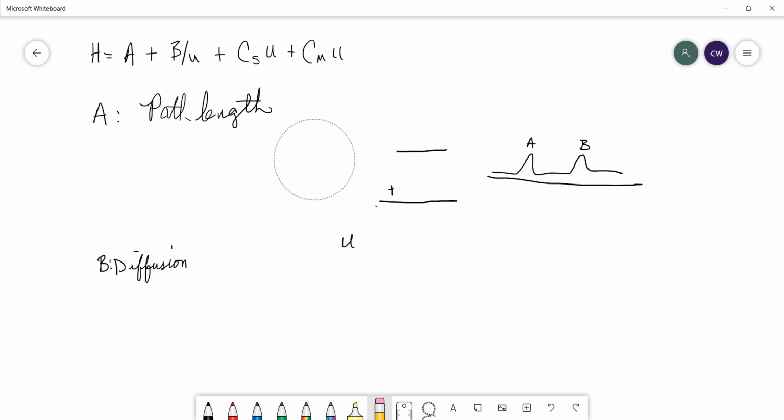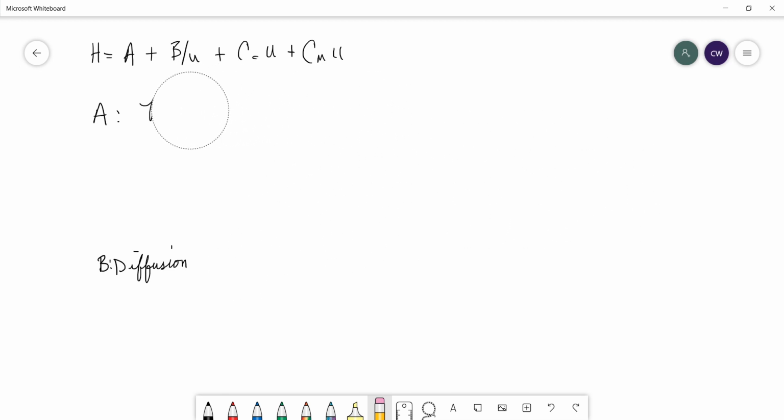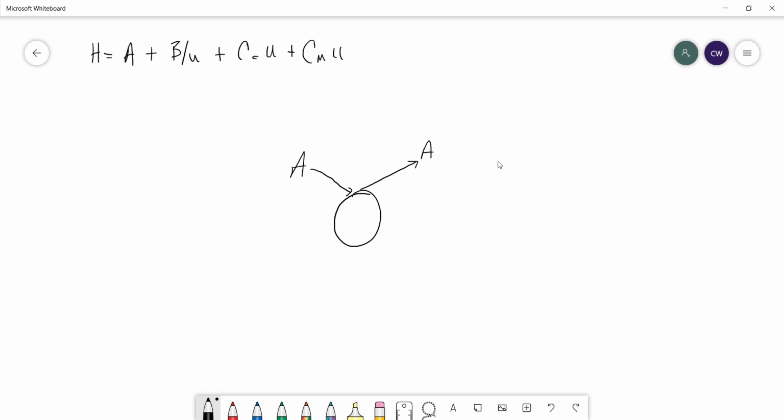Okay. The one thing we haven't talked about so far is the mass transfer. We consider a stationary phase molecule. Our analyte has to interact with it. And if that interaction is very sluggish, if it takes a really long time for that analyte molecule to come off, then more of the analyte that didn't interact is going to get passed.